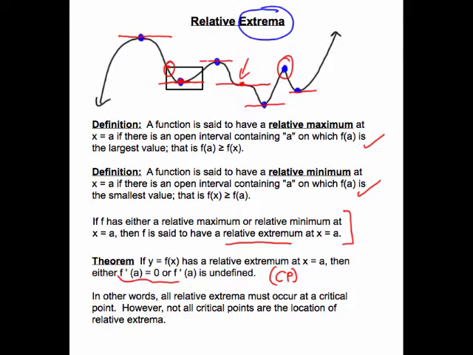In other words, all relative maximums and minimums must occur at a critical point. However, not all critical points are locations of where relative extrema will occur, such as this point right here. Okay, derivative is 0, but there is no relative extrema.